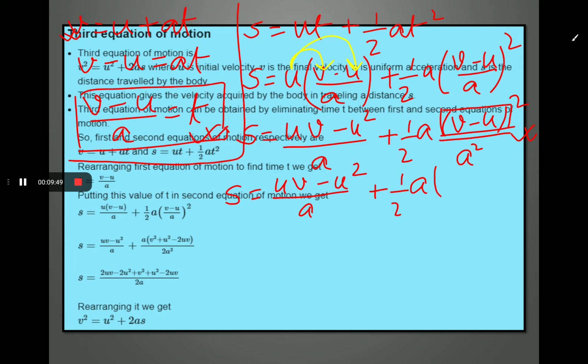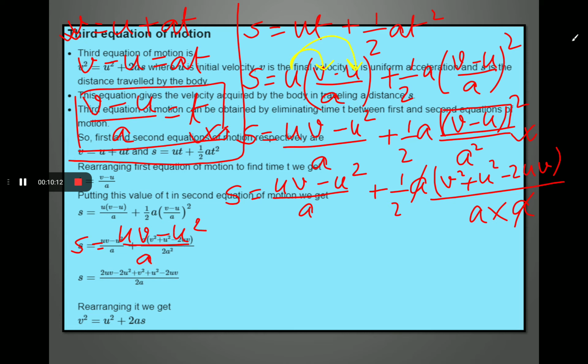So it can be written as v square plus u square minus 2uv by a square, where a square can be written as a into a. Now the acceleration is cancelled out here, and this equation becomes S is equal to (uv minus u square) by a plus (v square plus u square minus 2uv) by 2a.